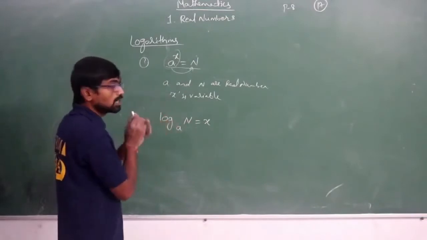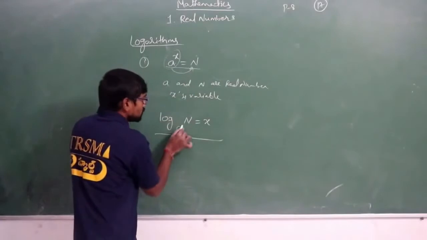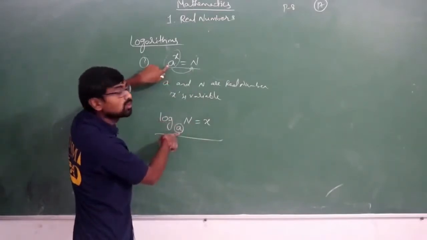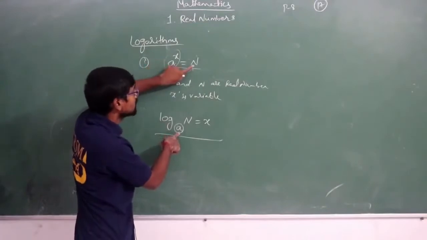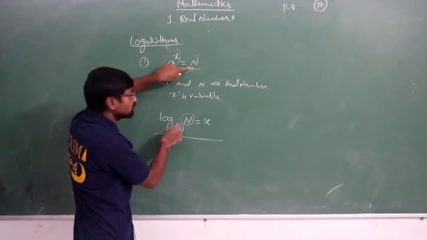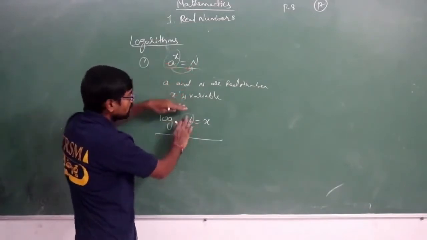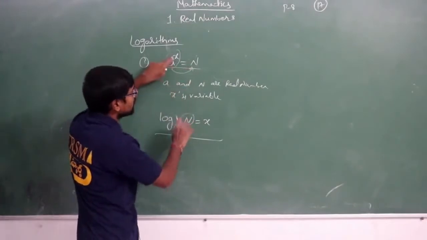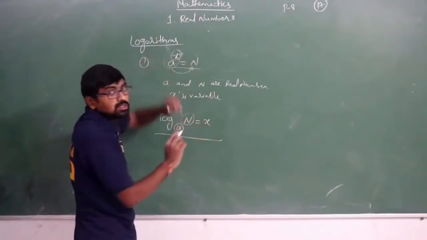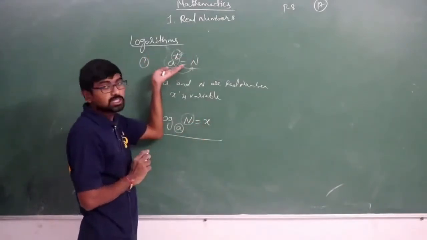If you are not getting how you can write, you can see here. The base will be coming to the base of the logarithm, n is not multiplied, it is just the value, and x, the power, will be coming to the right hand side. So this is the logarithmic form of this exponential form.